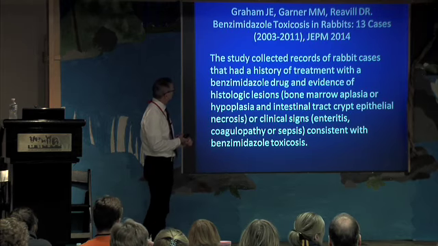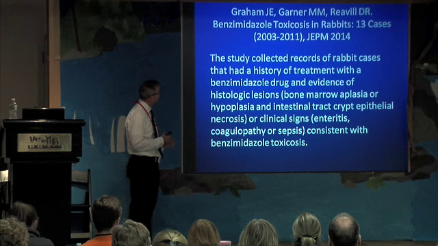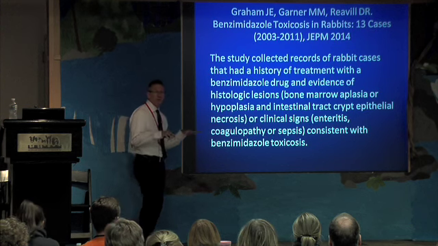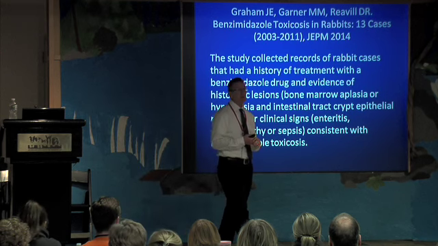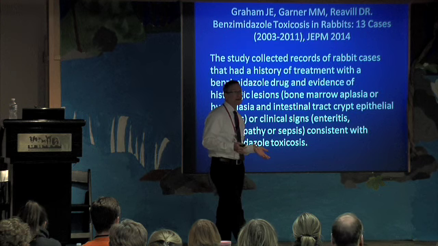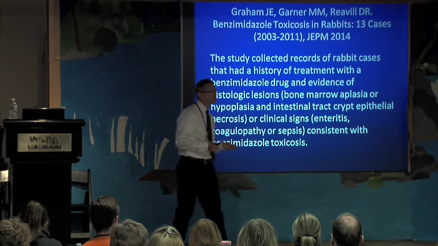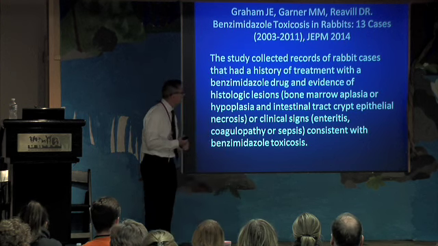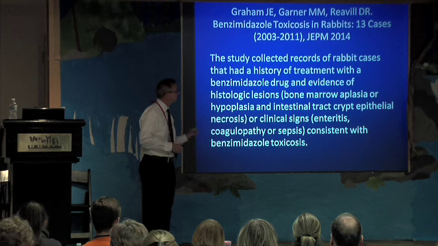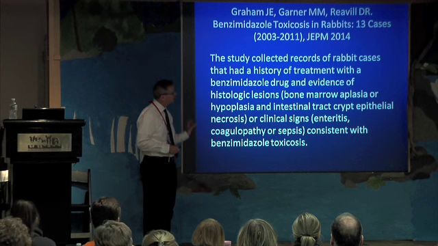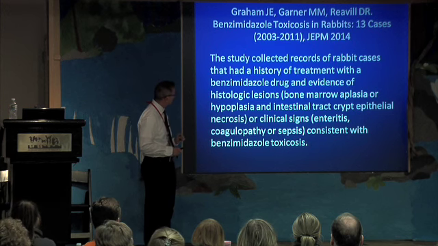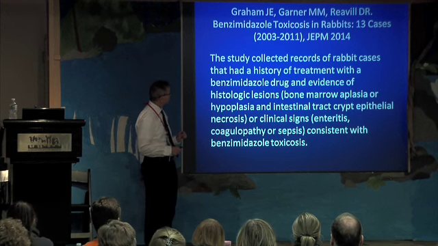Now let's look a little bit at benzimidazole toxicosis in rabbits, 13 cases. You've all on the lists heard periodically about rabbits who are getting albendazole and then acutely getting sick and dying from that. It has been incriminated in any of them, really, but most out of these 13 cases, I think 12 were albendazole. One was fenbendazole, one was oxibendazole.